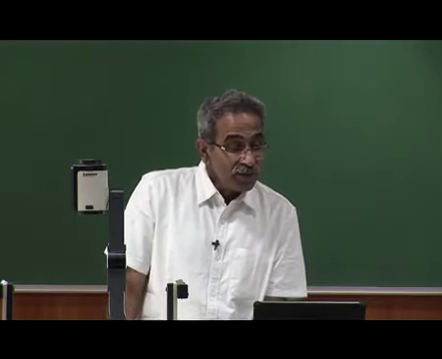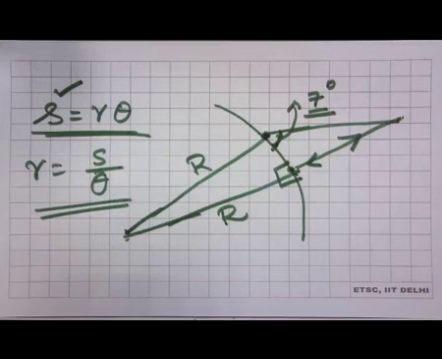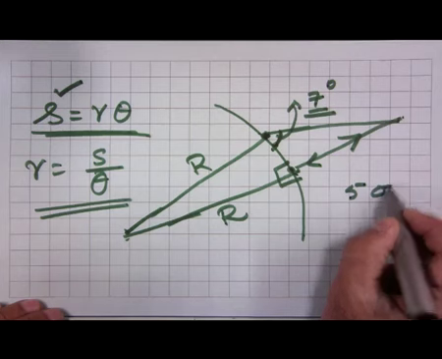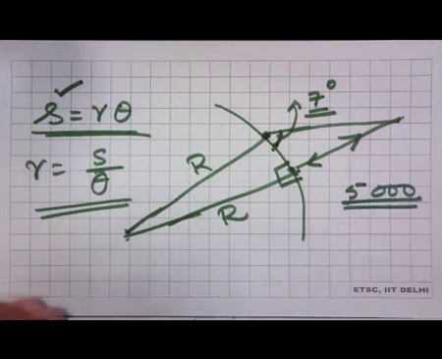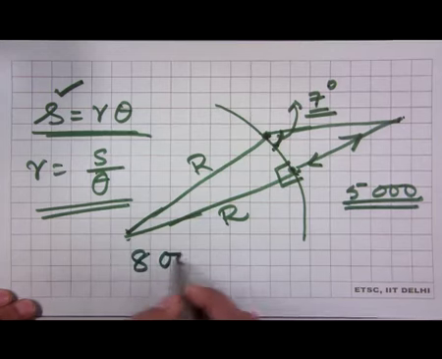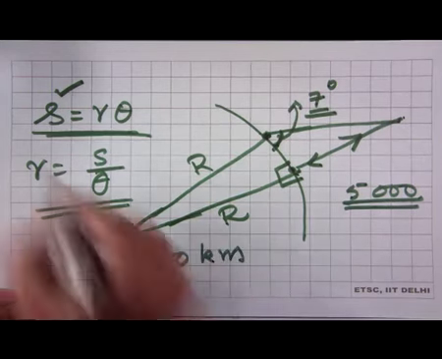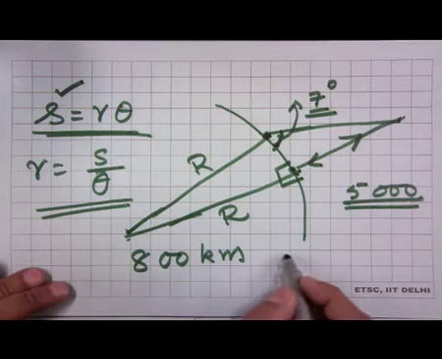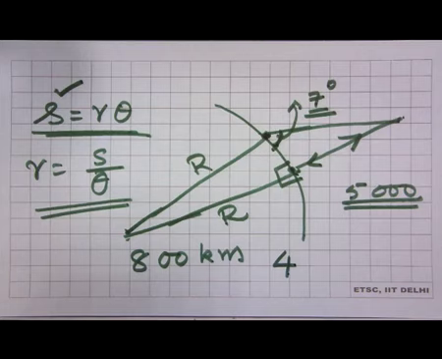Okay. Now it was not 50 stadia, I am very sorry, it was 5000 stadia. The distance was 5000 stadia, and it translates to 800 kilometers. Now if you plug in and try to find out what the radius is, you get... Did you get the radius or the circumference?